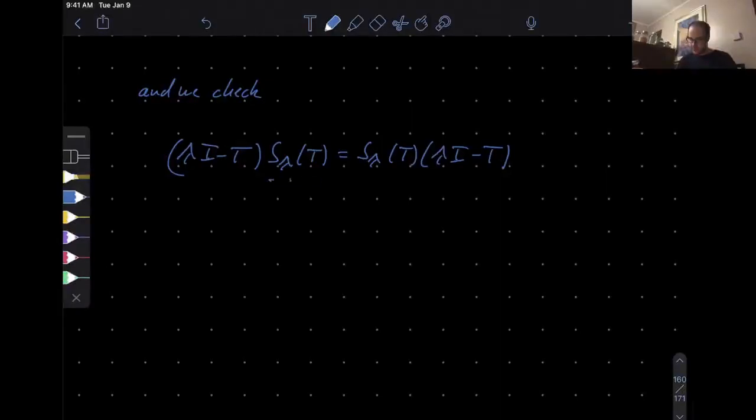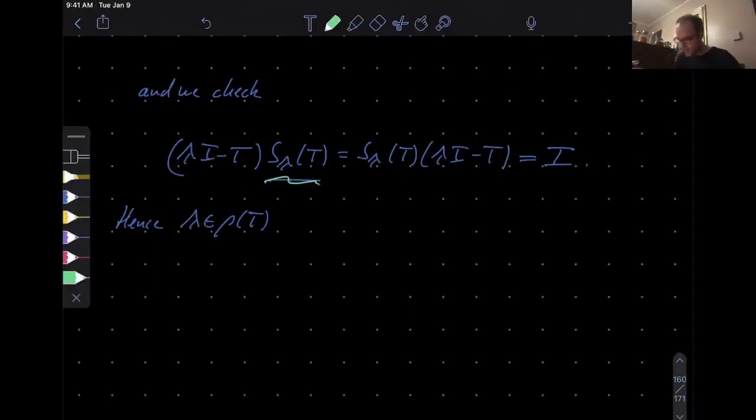This guy is a limit of some partial sums, so you pull the limit out, and then you do the algebra for the finite sums, and then you send that small n to infinity. This is proven exactly the same way as we proved the Neumann series, right? So that I will leave to you. And this guy is equal to the identity, okay? Hence, those lambdas are in the resolvent set, because this equation tells me that S_λ(T) is the inverse of λI - T, right?